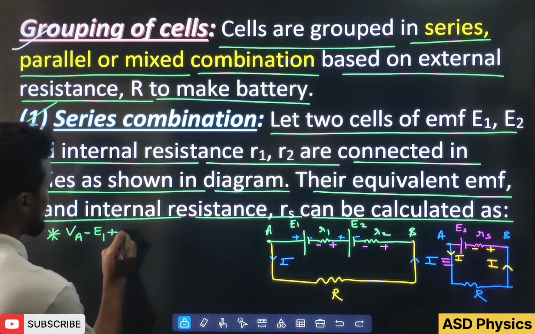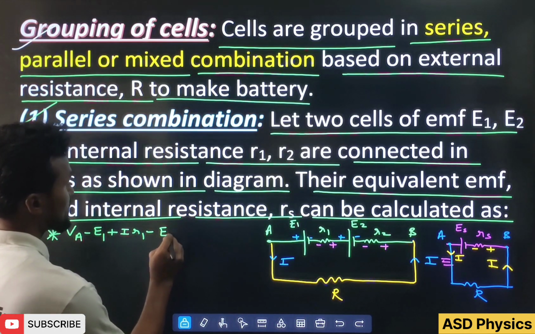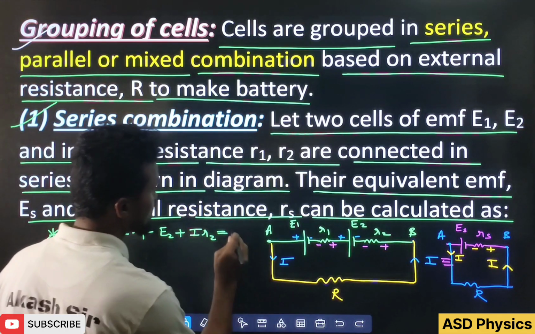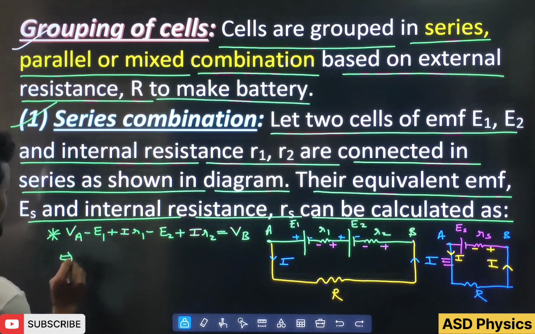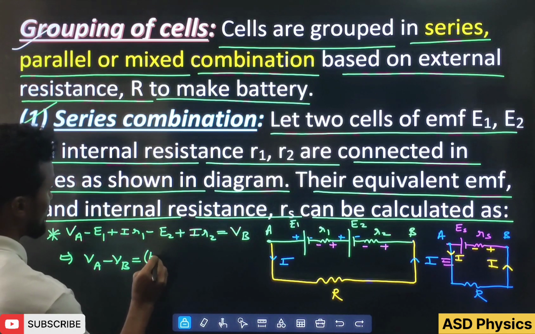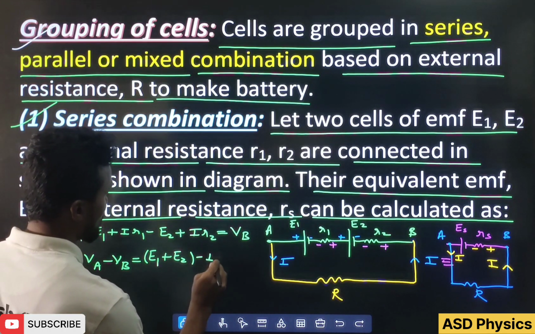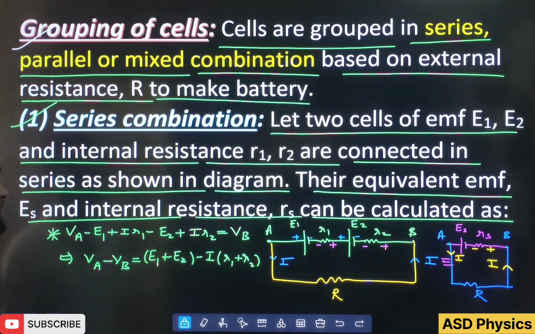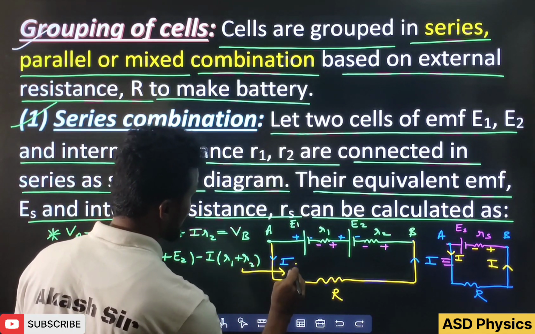After that we can write plus IR1, second I'm taking here, minus E2 plus IR2 is equal to VB, where I reached at point B. So students, when you simplify this, VA minus VB will come as E1 plus E2, and taking that side, minus I(R1 plus R2). This is equation 1.